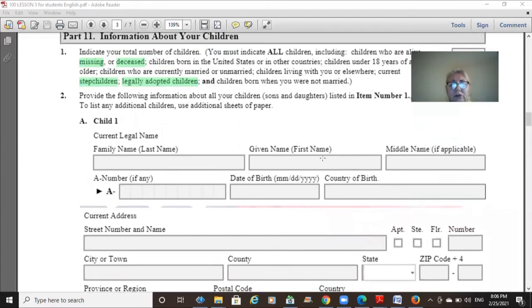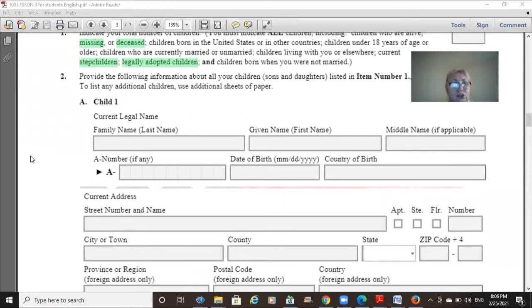They may also say, what is this child's given name? Or what is this child's first name? And they may ask about middle name. What is this child's middle name if the child has one?